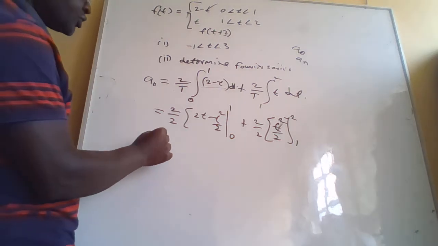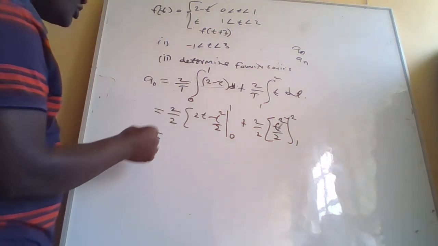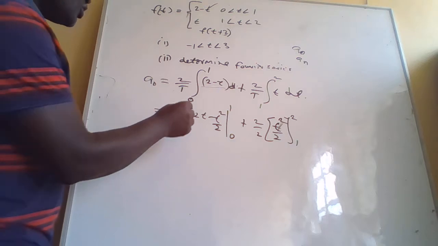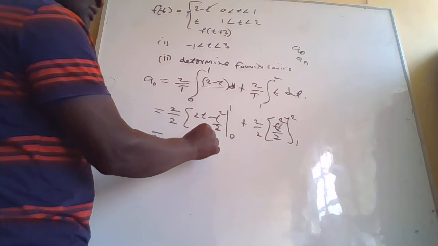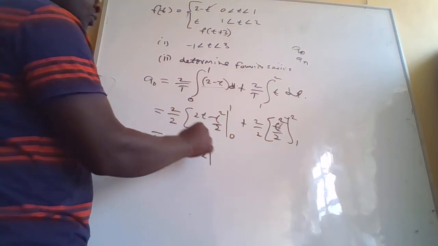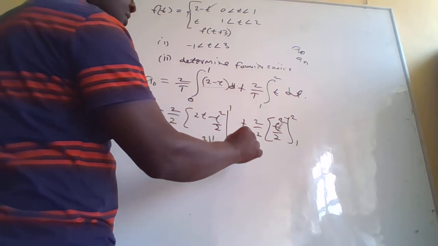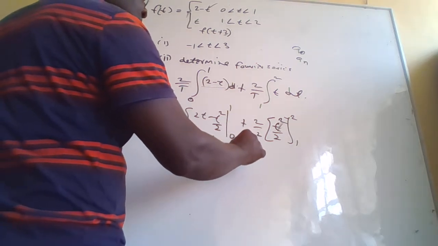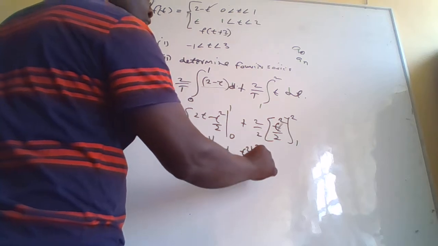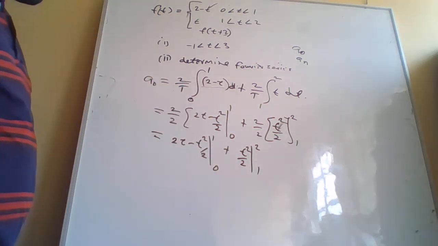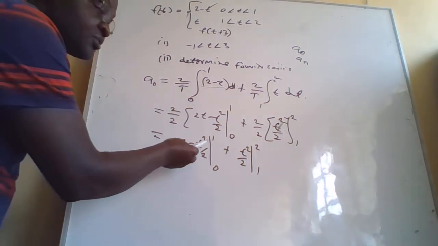So this equals to 2t minus t squared all over 2, then plus t squared all over 2, with limits 1 to 2 for the second.